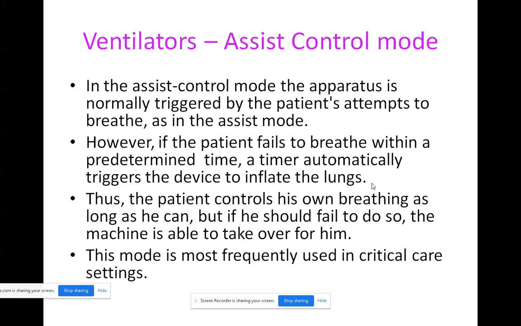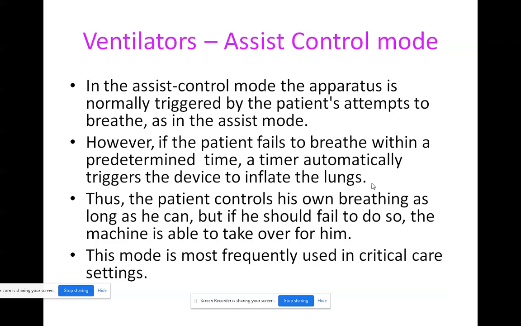In the assist control mode, the apparatus is normally triggered by the patient's attempt to breathe, as in the assist mode. So here also the same triggering process is followed as seen in the control method and the assist method. However, if the patient fails to breathe within a predetermined time, a timer automatically triggers the device to inflate the lungs.